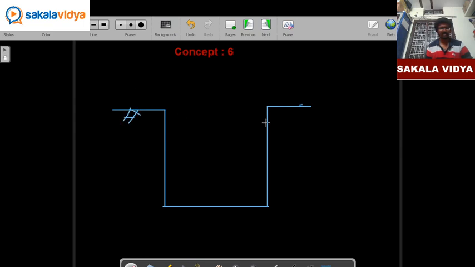So this is ground level. Our depth of the well is how much? H meters, capital H meters, from which a bucket of mass capital M is being lifted up against gravity. Yes or no? Yes.